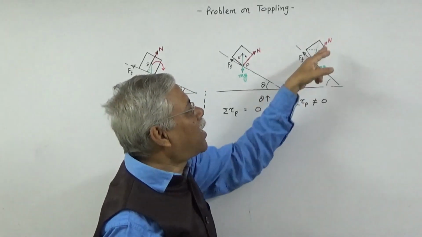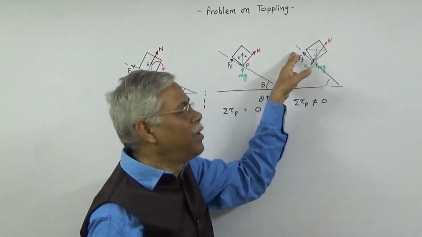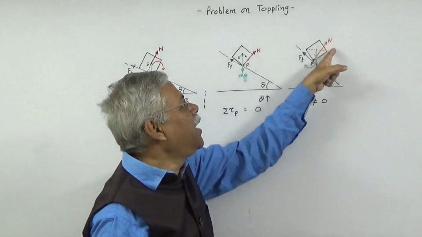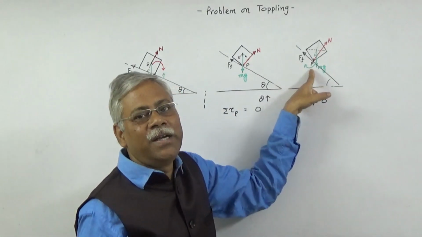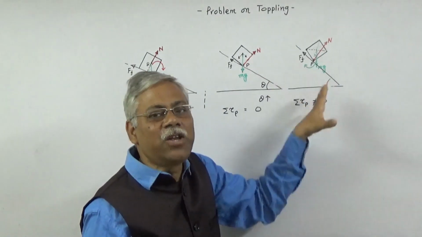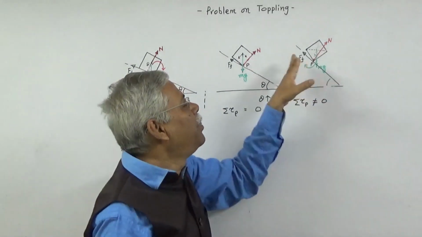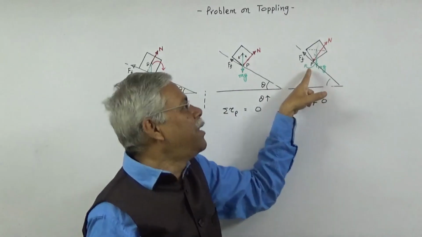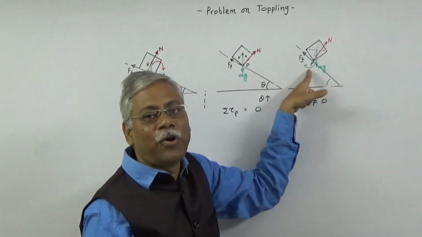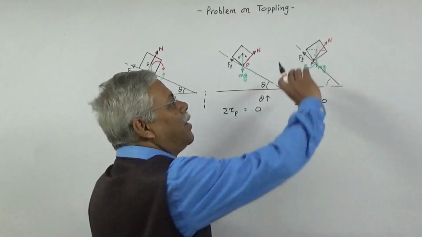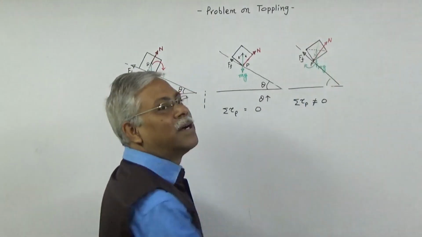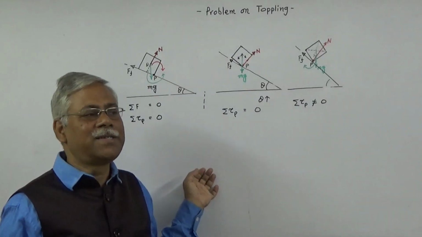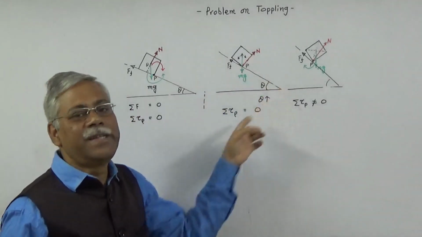The other two forces N and Ff have their lines of action passing through the point P. As a result, they fail to exert any torque, restoring or non-restoring, about the point P. That means the torque of mg about the point P gets a free hand and the body topples, meaning it rotates. I'll now give you an exercise to illustrate this discussion.